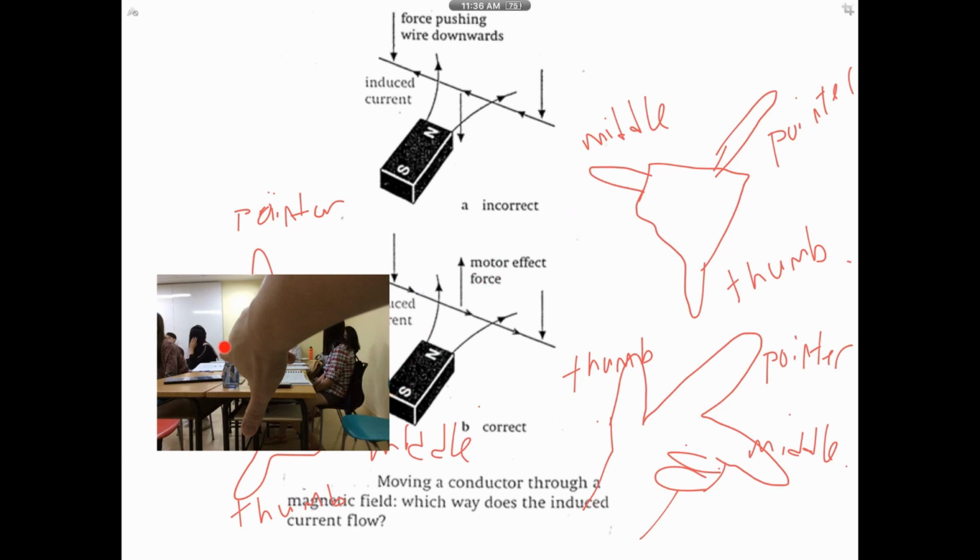Then the thumb points down because the motion of this conductor is downwards. So then the induced current is here. This is to find the direction of induced current. If you know the field and the direction of motion, you can straight away find the direction of the induced current.